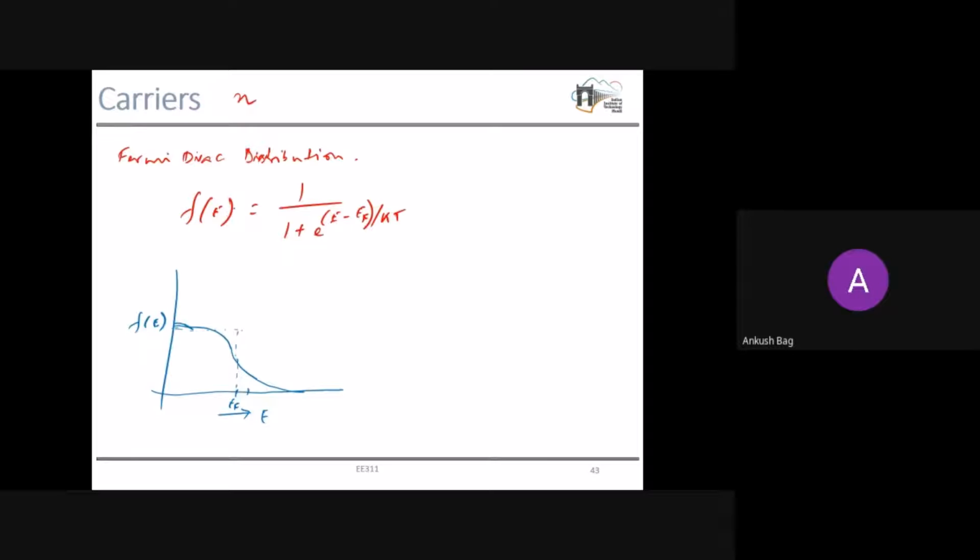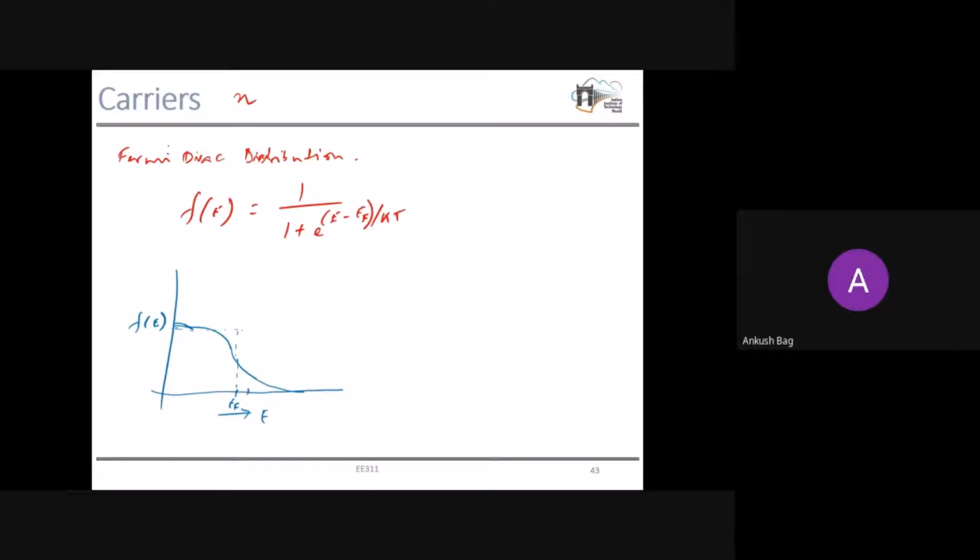There are a few other statistics, like Maxwell-Boltzmann statistics, which is typically used to quantify gas molecules, and Bose-Einstein statistics, which is used to calculate bosons or phonons. Photons are also bosons, which obey Bose-Einstein statistics.